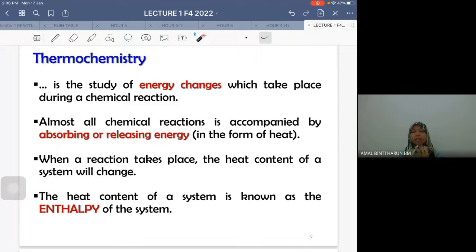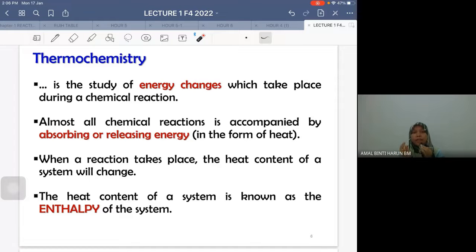Carbon burns in oxygen to form carbon dioxide. So the system is the reactant and the product itself. That is the system. So dalam sistem mesti ada heat content. So the heat content we call it as enthalpy. Okay, I repeat, enthalpy is the heat content in a system.